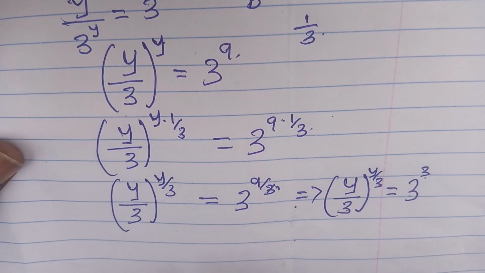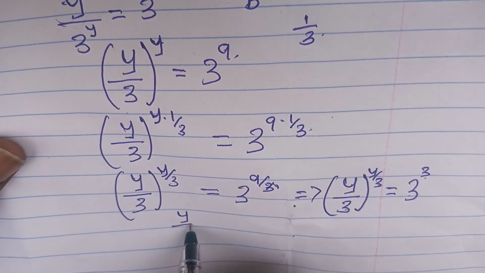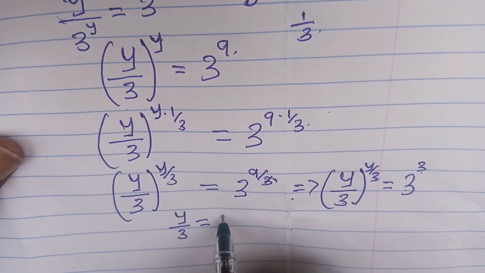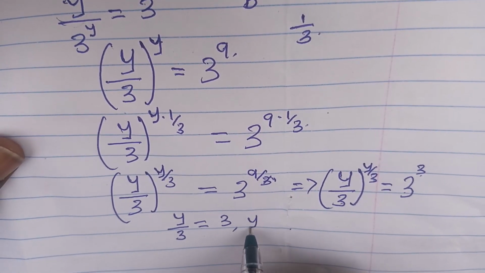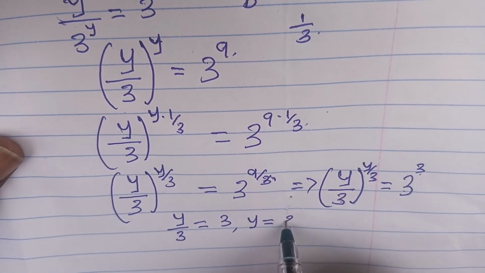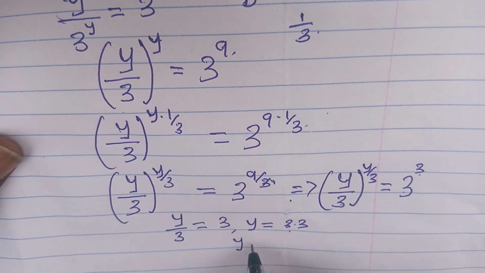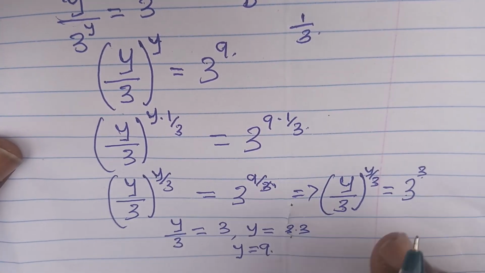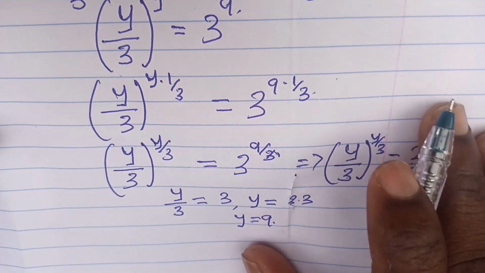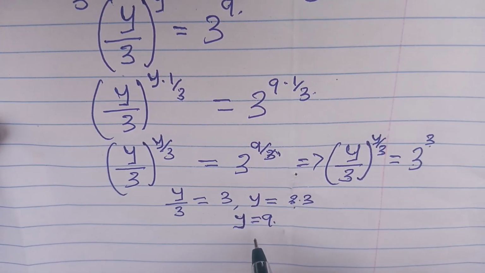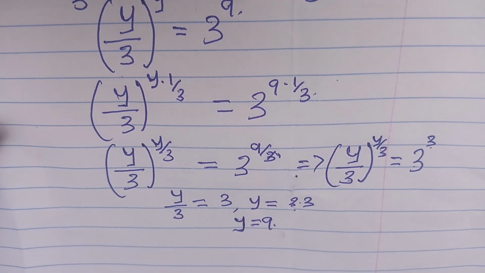So by comparison, y over 3 equals 3. From here, y equals 3 times 3. Therefore y equals 9. So this is the value for y.